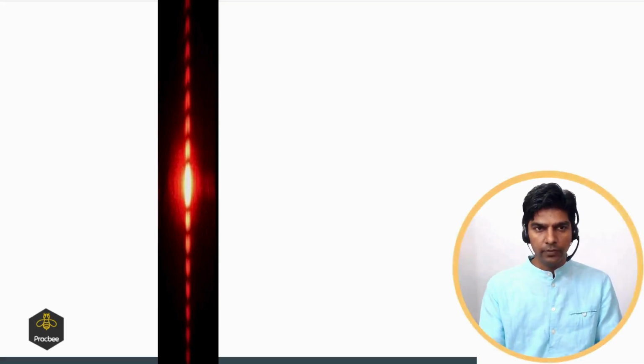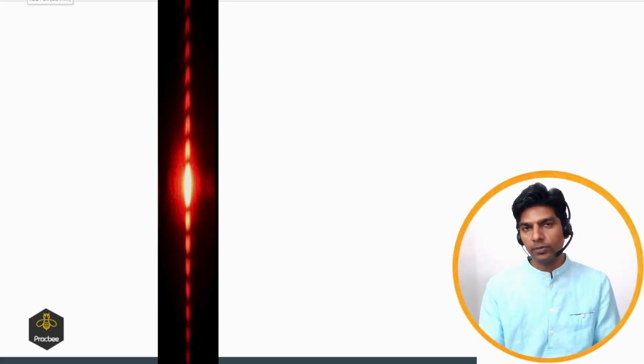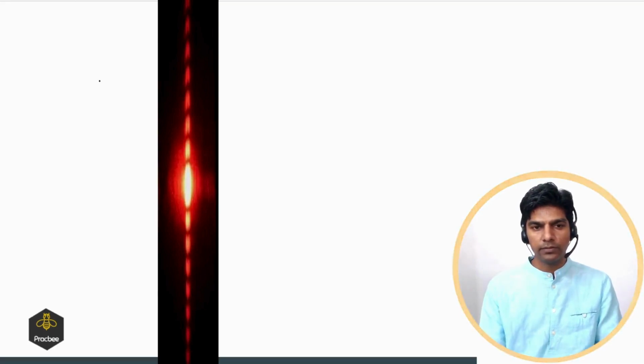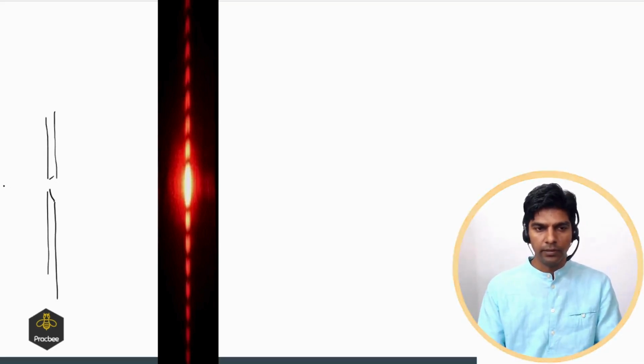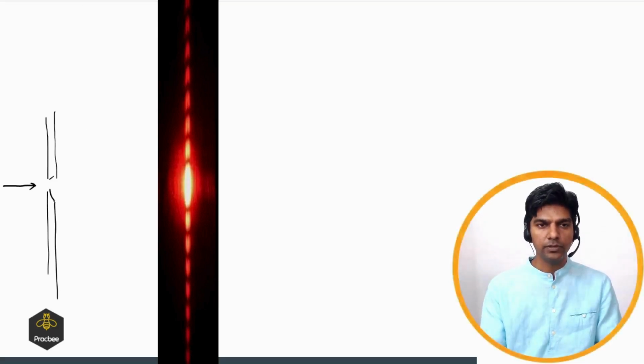Before that, let me quickly tell you the formulas that we're going to use in single slit diffraction. Suppose we have a single slit and the light is coming from here, and the width of this single slit is a.